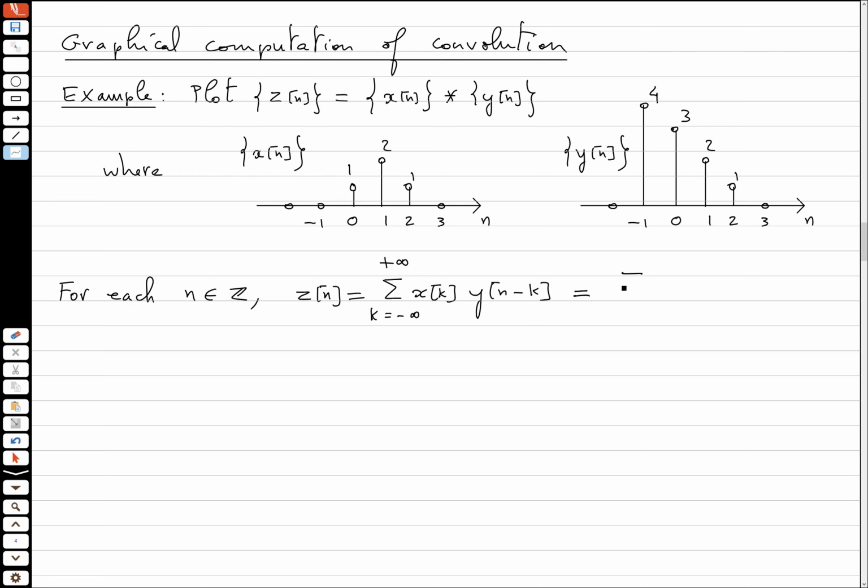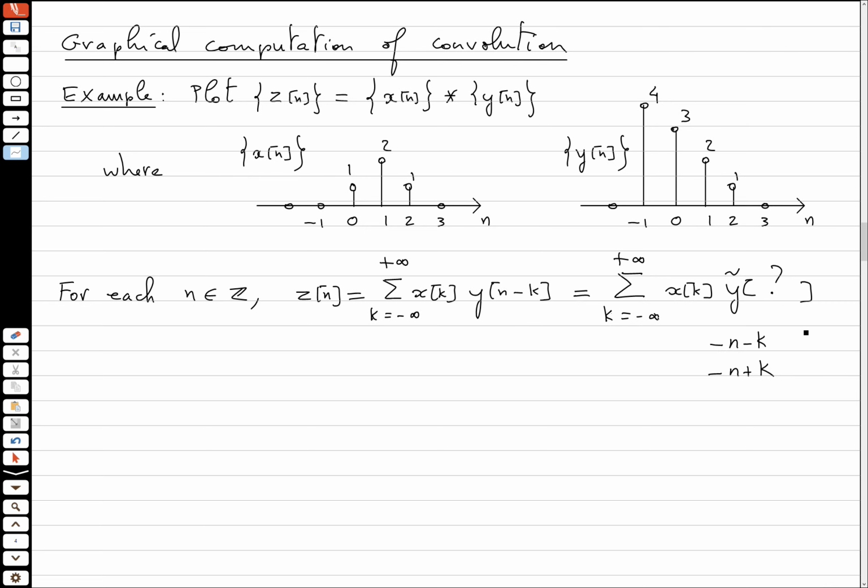Now the trick is as follows, is to express this in terms of x of k and y tilde, but I don't know what to write here. I hesitate between writing minus n minus k and then minus n plus k.